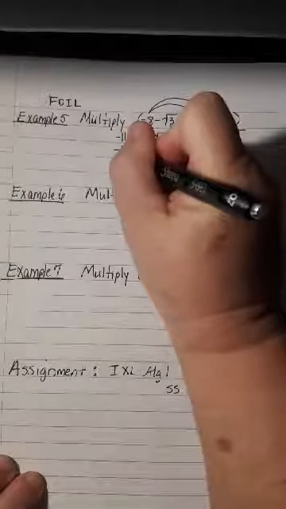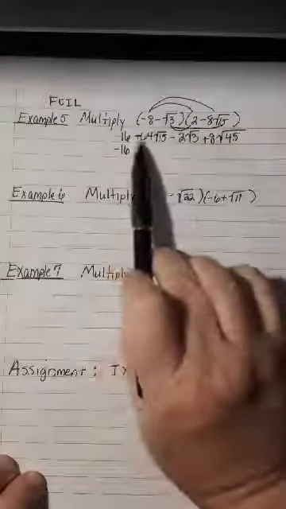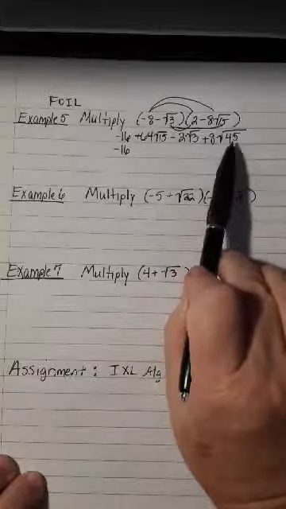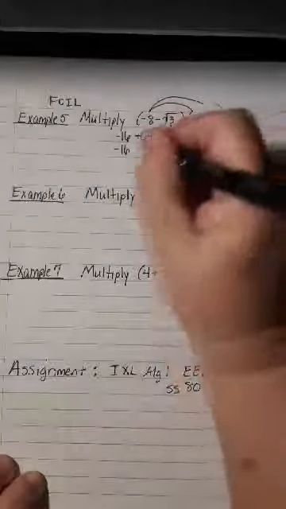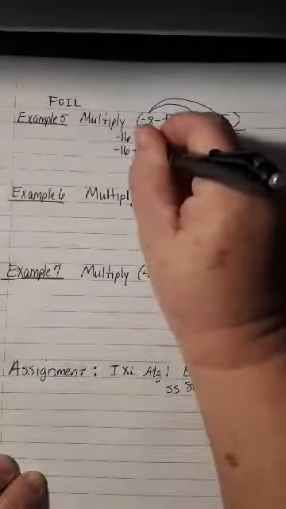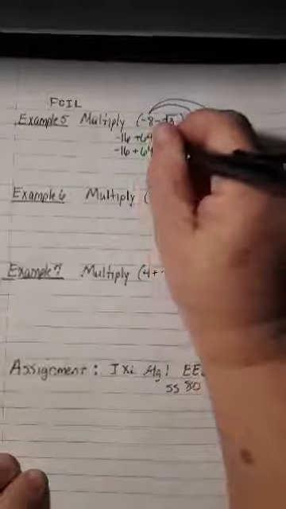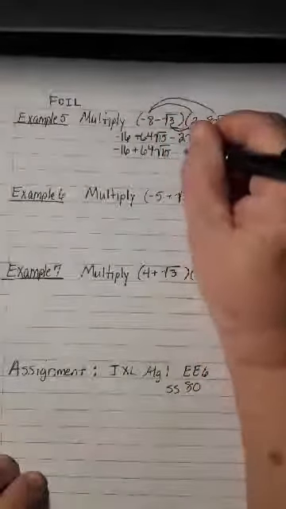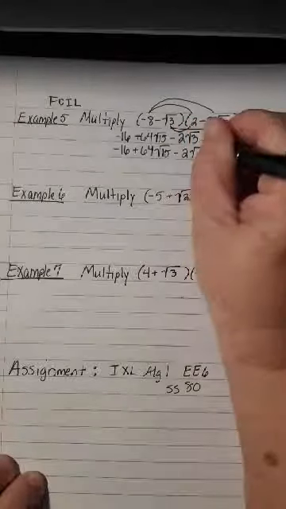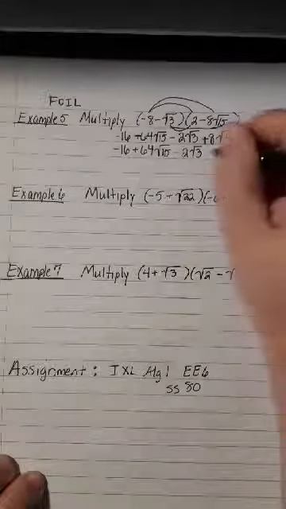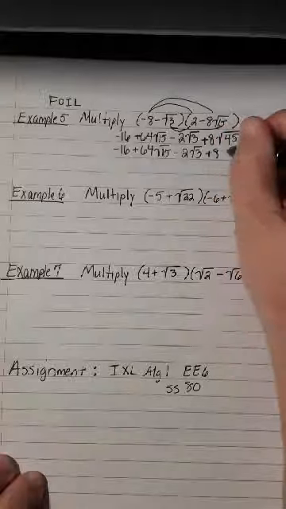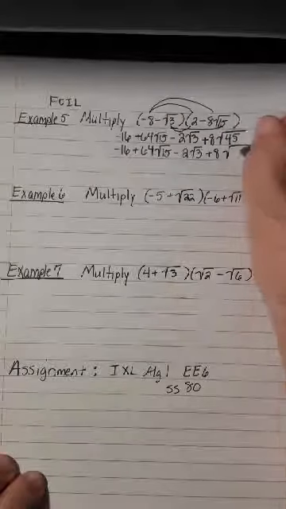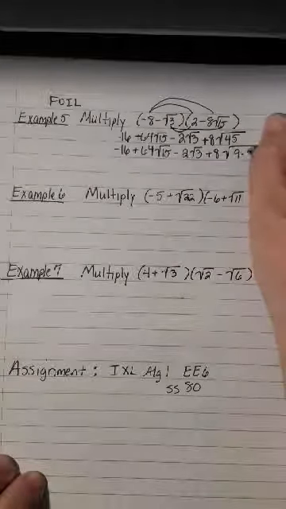Alright, so this negative 16, everything on this line I'm just going to rewrite except for that 45. So negative 16 plus 64 on the square root of 15 minus 2 on the square root of 3 plus 8, and then 45 I'm going to factor as 9 times 5.